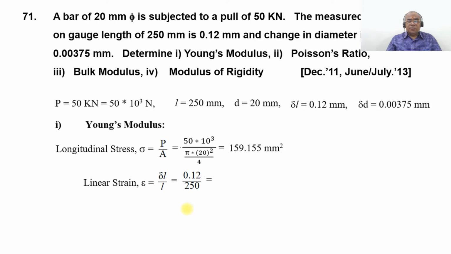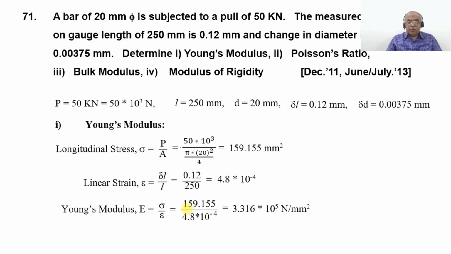On substitution, you get 4.8 into 10 to the power of minus 4. Once you get this, you can find the Young's modulus, which is stress by strain. So you know the value of sigma, which is 159.155 divided by 4.8 into 10 to the power of minus 4. On simplification, you are going to get 3.316 into 10 to the power of 5 Newton per mm square.